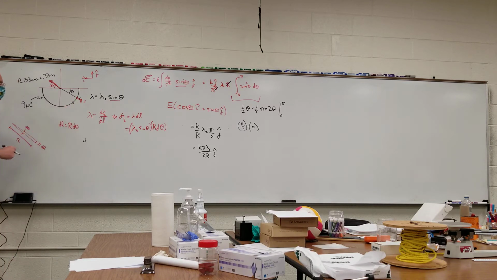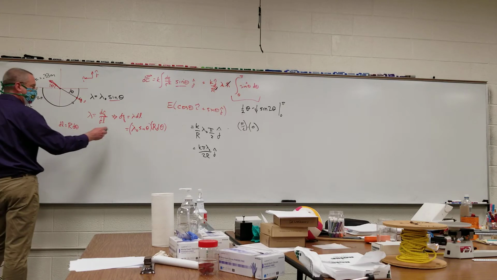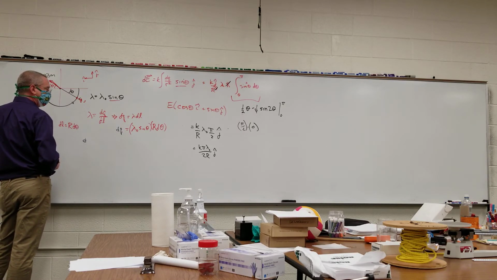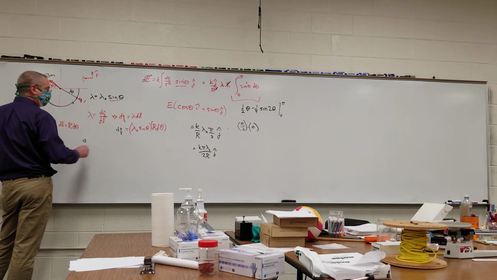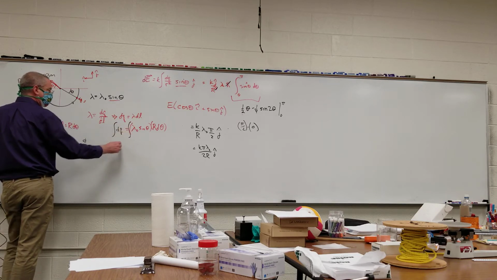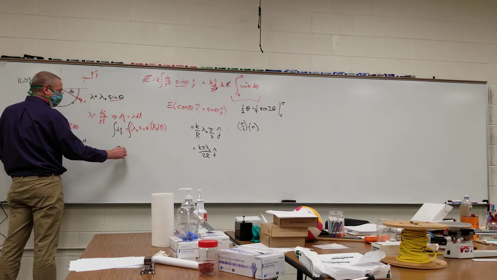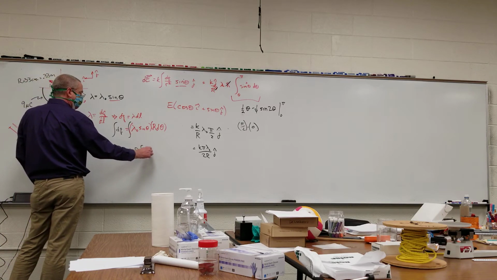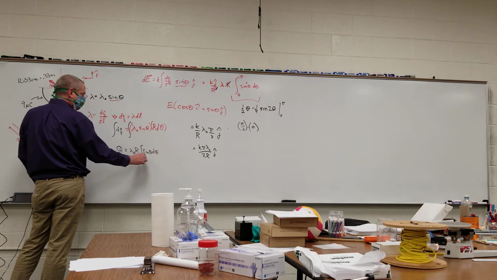Wait a second. Oh, that's dq right there. So if we integrate both sides, we get the total charge is equal to lambda sub naught r times the integral of sine theta d theta from 0 to pi.